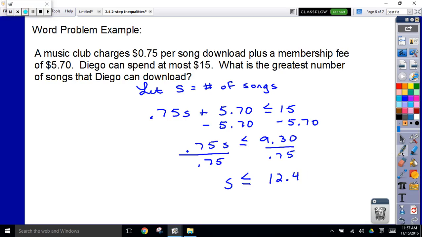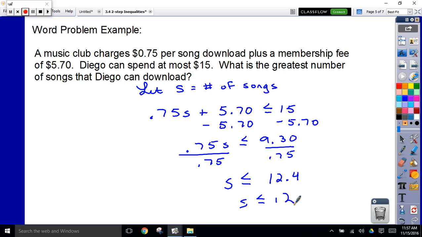Now, does it make sense to use 12.4 when we're talking about songs? No. What would I use instead, Nathan? Round. What would I round it to? 13. Well, it has to be less than or equal to 12.4. If I round it to 13, will that be less than this? No. So what do I need to do? Round it to 12. Good. So S is less than or equal to 12.